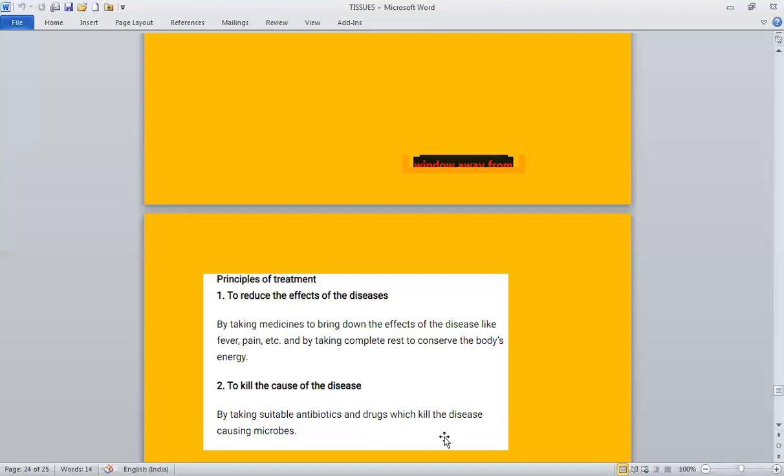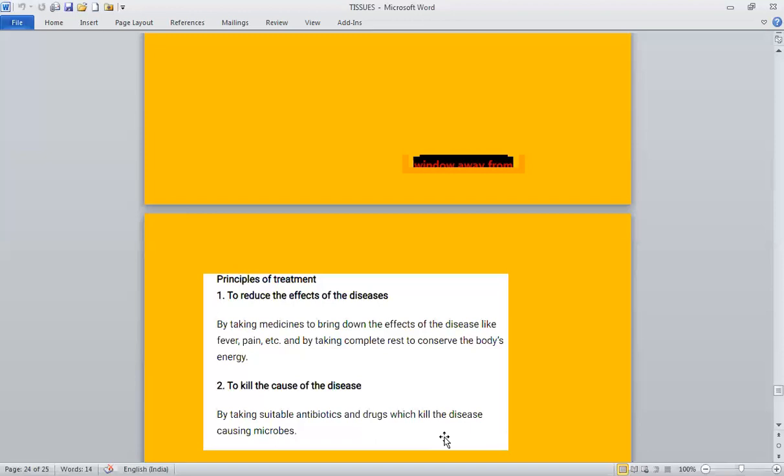And our immune system also acts as a major factor in determining the increase or decrease in the number of microbes in the body. If our immune system is very strong, the number of microbes cannot become very high. But if we have a weak immune system, then these microbes will develop very quickly.